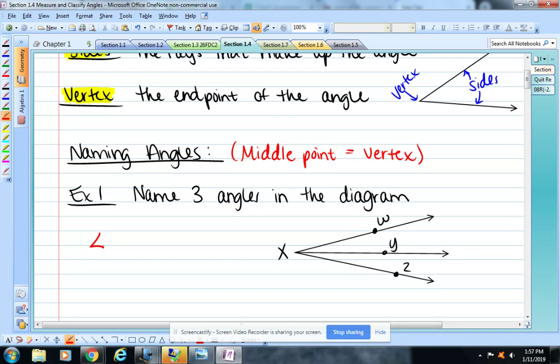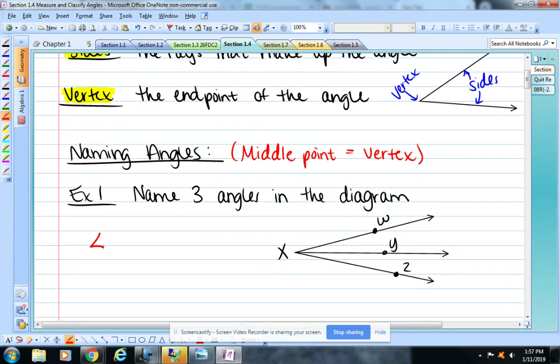So let's just talk about the top little angle first. The way you name it is you take the 3 letters. 2 of the letters come from the sides, and the vertex is in the middle. So one name for this angle would be WXY. Y'all see that? This top little angle, one name could be WXY.